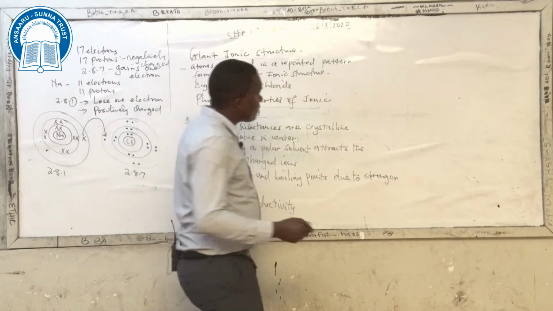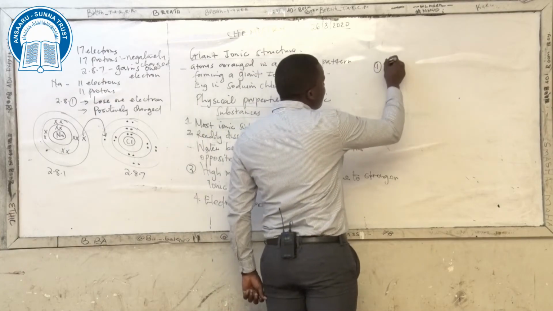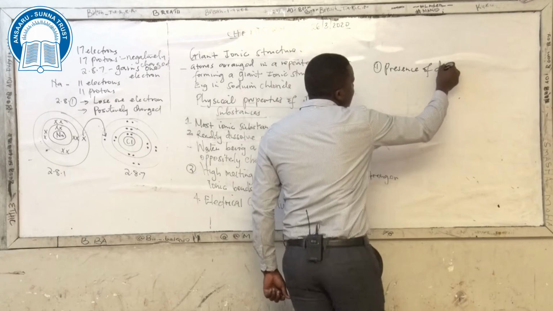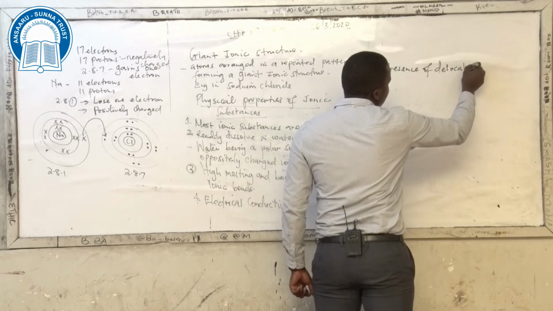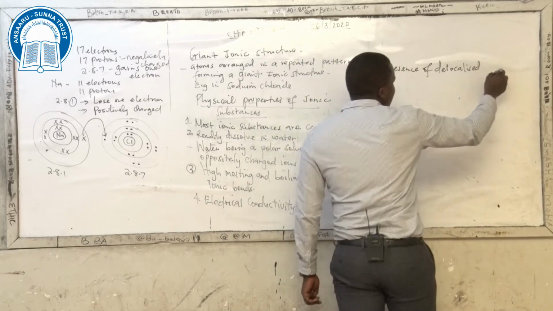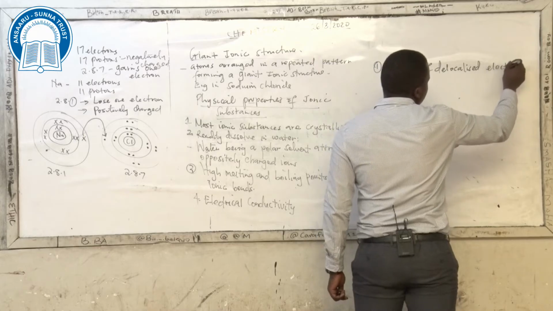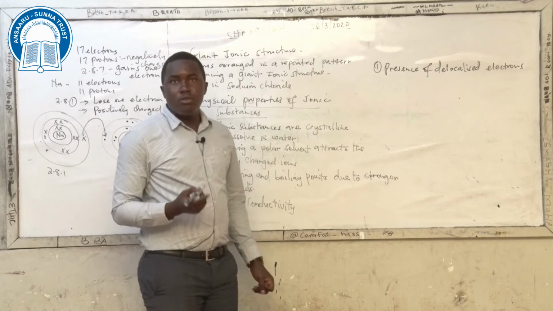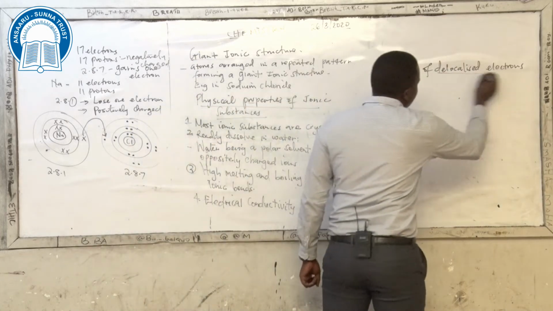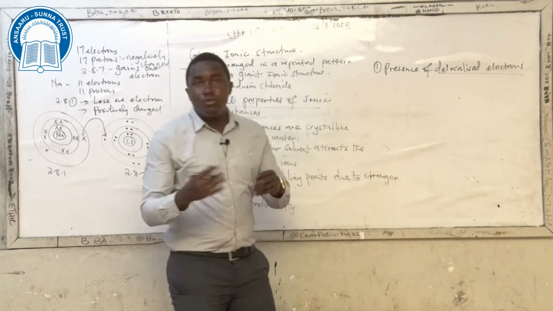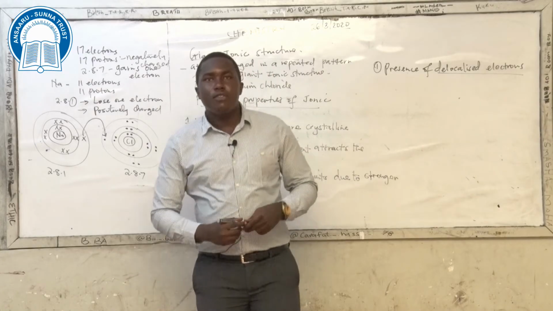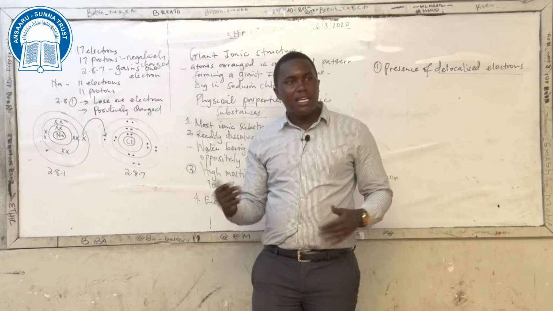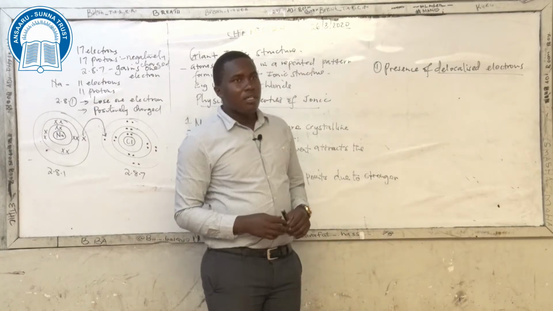In metals, they conduct because they have the presence of delocalized electrons. So, what are delocalized electrons? These are electrons that are free to move from one end of the structure to the other, and they can carry electric current as they move through the structure.